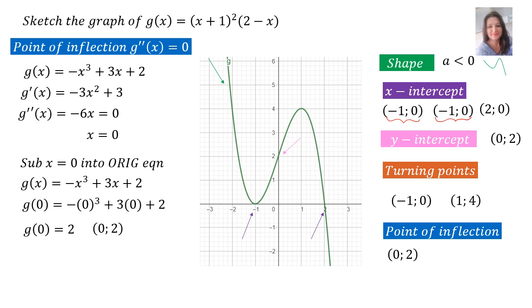And then our turning point, the point negative 1 and 0, that's where the graph hops, bounces. And then the other turning point is the point 1 and 4. And then our point of inflection is the point 0, 2. Remember, the point of inflection is where the graph's concavity changes.